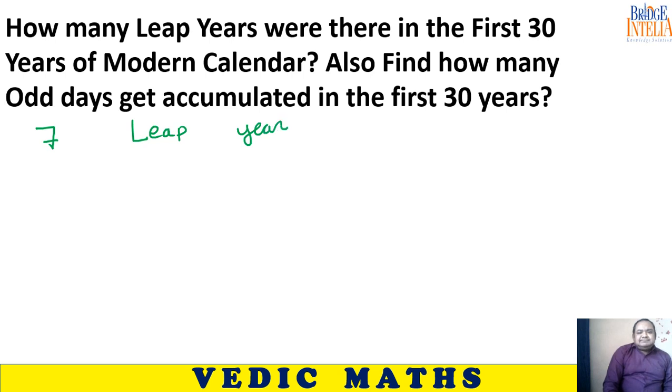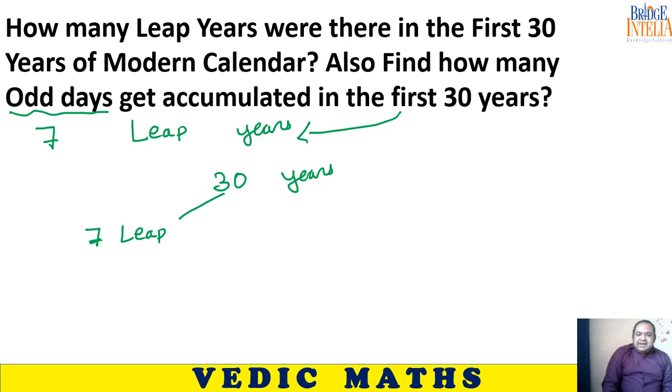Now the second part. How many odd days got accumulated in the first 30 years? We just calculated that in the first 30 years there are 7 leap years. That means the remaining are normal. Out of 30, 7 are leap, so the remaining is 30 minus 7, 21. So 21 are normal.